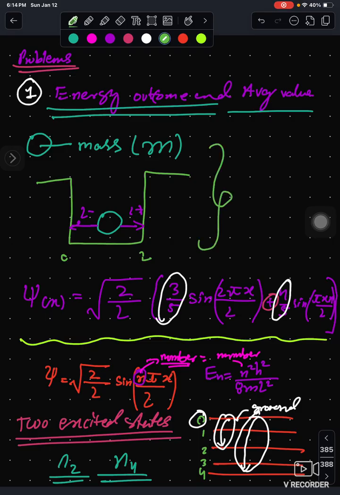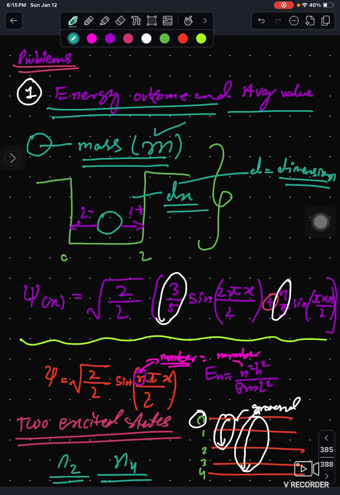So just for an overview, we have a particle of mass m, and it's in a rigid box, and the particle can only move in one dimension. Its dimension is only this one, where d stands for dimension.